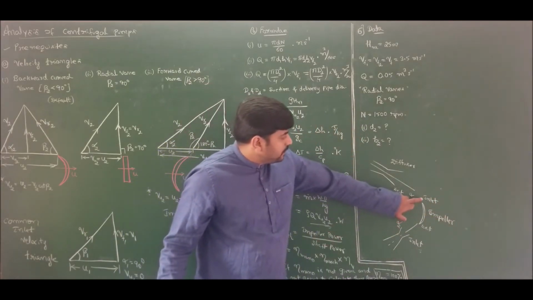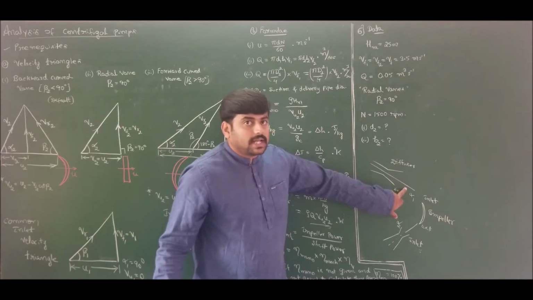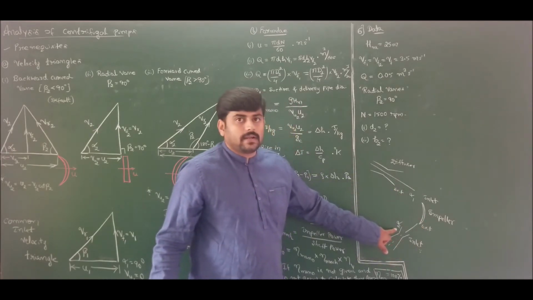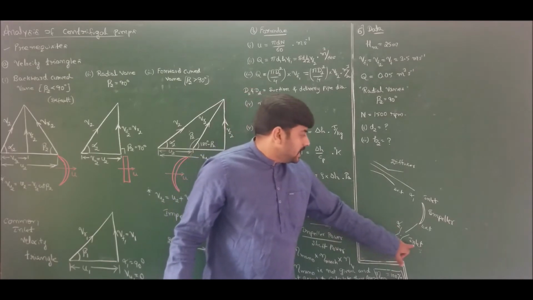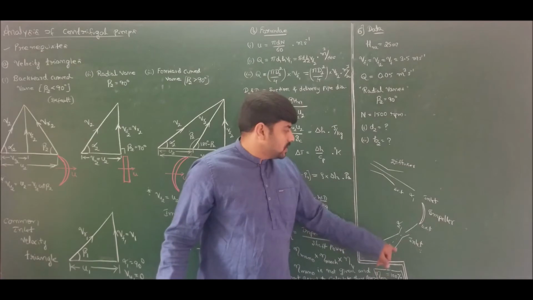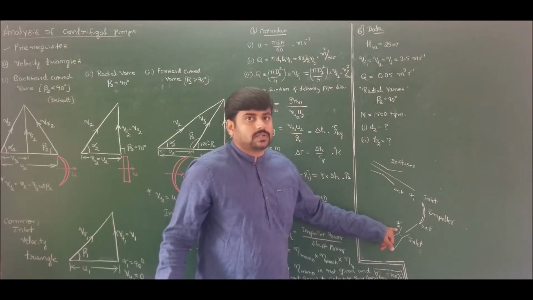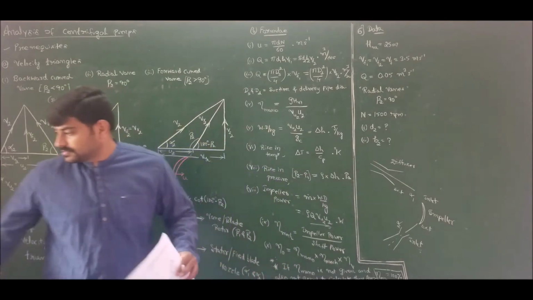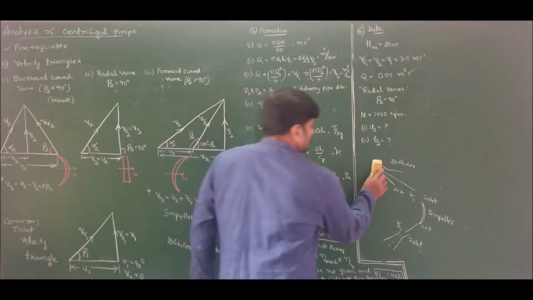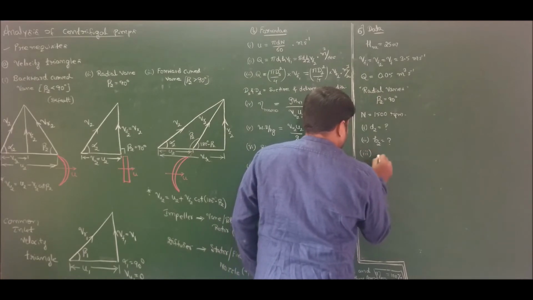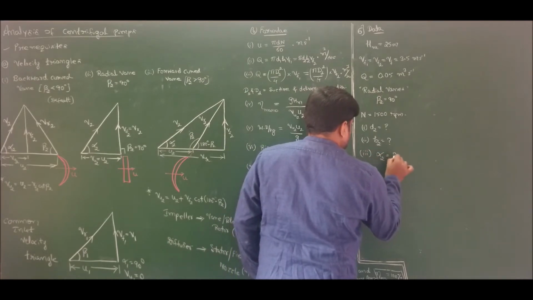At the inlet of the impeller we have the exit diffuser angle. At the exit of the impeller we have the inlet diffuser angle. What he is asking is the inlet diffuser angle at impeller exit. So he is asking us to find the value of alpha 2. So let us solve this problem.